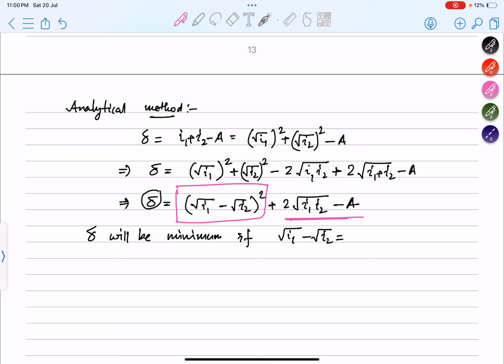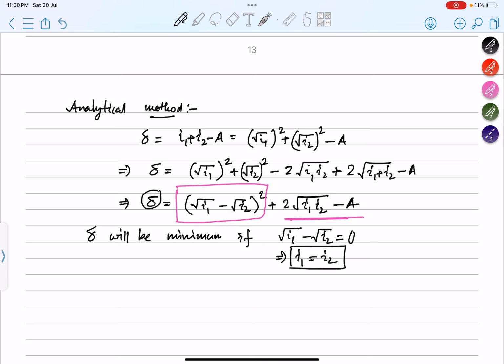So if (root I1 minus root I2) whole squared becomes 0, then root I1 minus root I2 will also be 0. So you can see that I1 is equal to I2. Clear? So thus at minimum deviation of the prism, where delta equals delta minimum, the angle of incidence is equal to the angle of emergence.